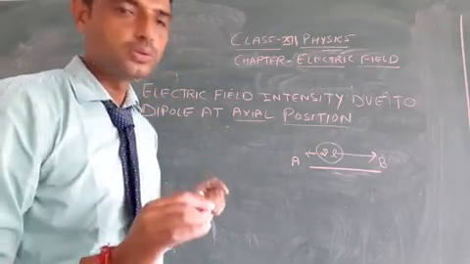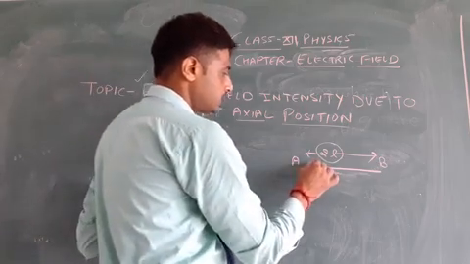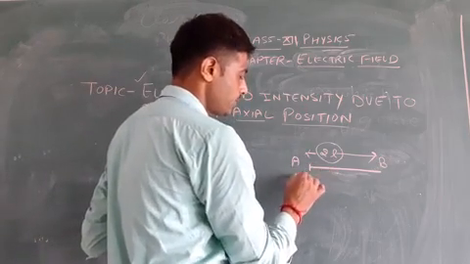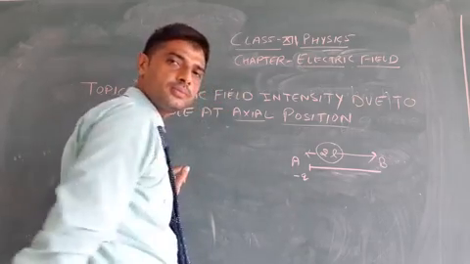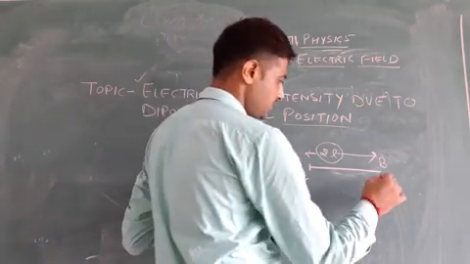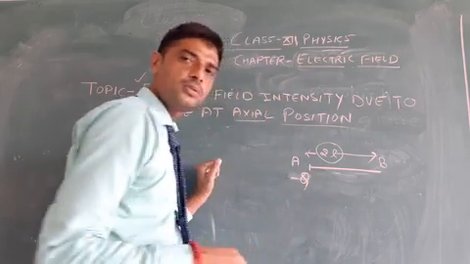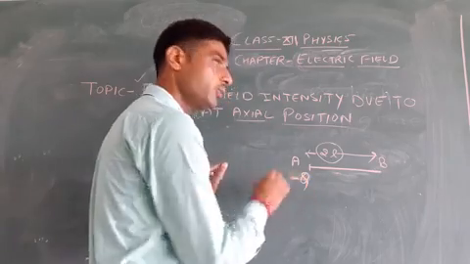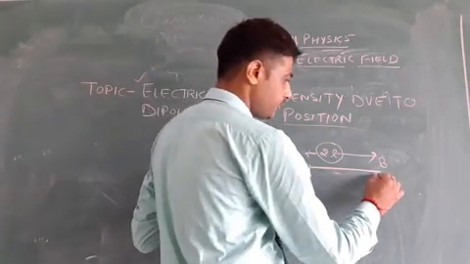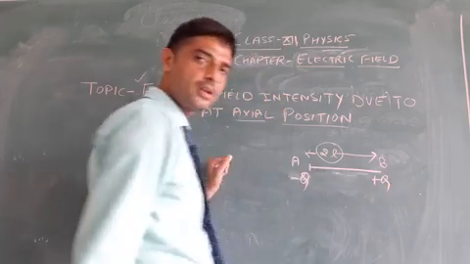Okay, so 2L. Let at point A minus q charge be situated, and at point B it is plus q.